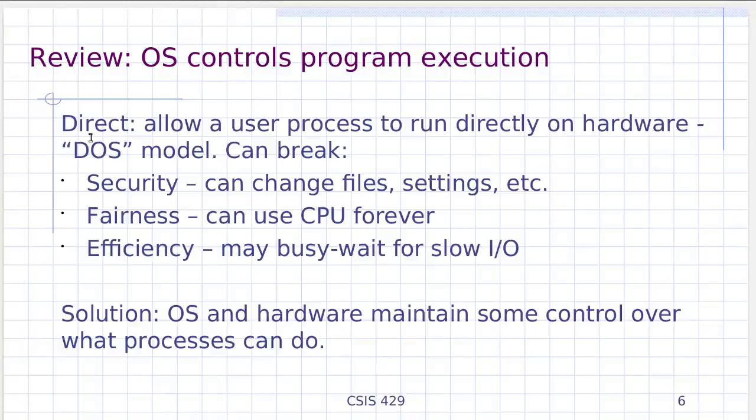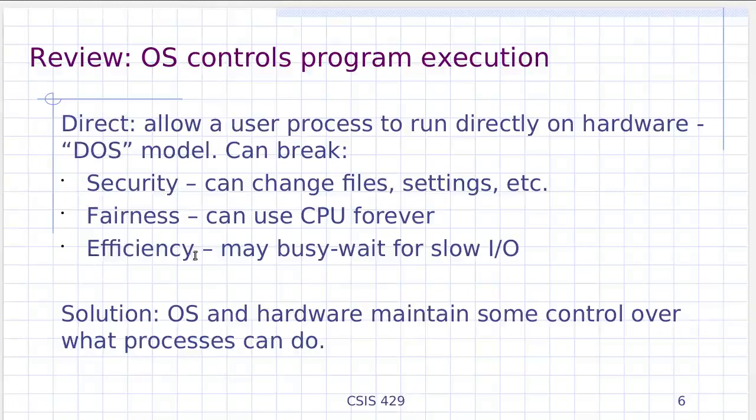If a process can do anything, then it can break security. It can change files that belong to other users, or maybe the super user, if there is one on a system that allows direct execution. It can change settings. It can set up a loop that just sits and uses the CPU forever. That's not fair to other users. So you can sit in an infinite loop if you had a DOS model of execution.